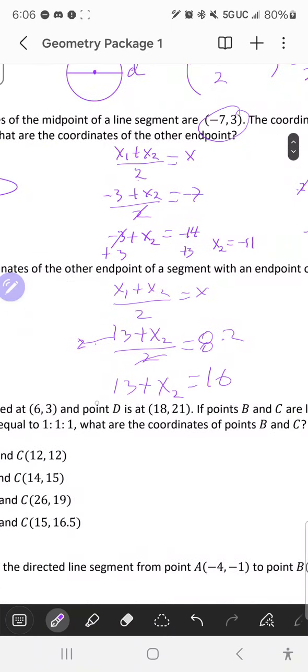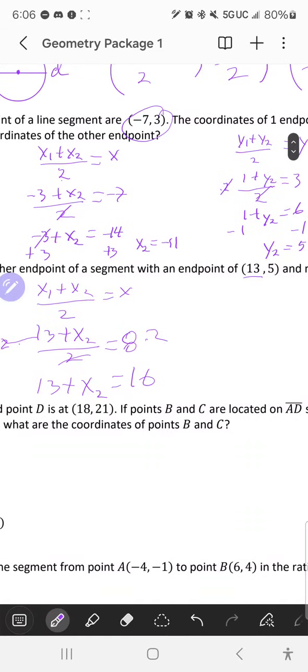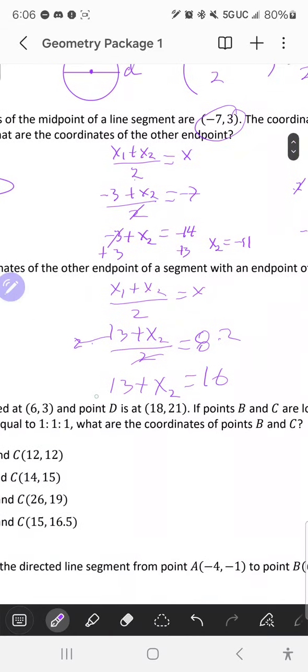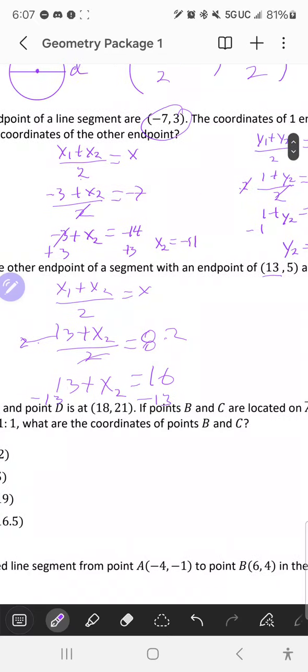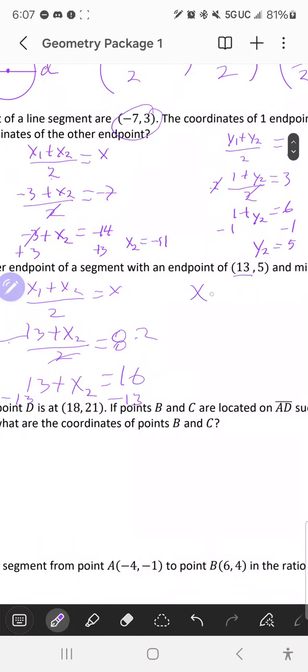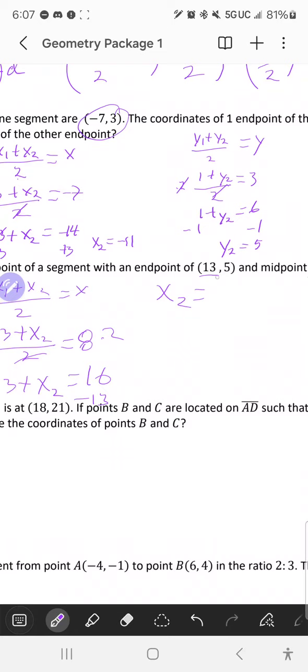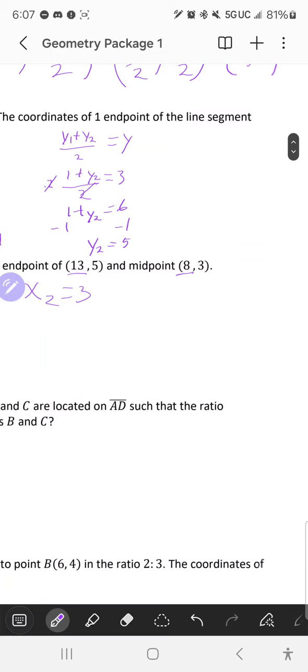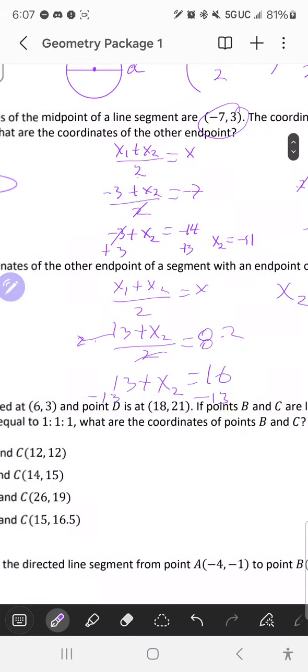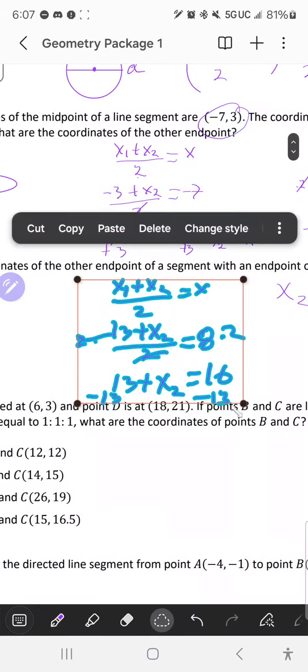And now we subtract 13 from each side, and 13 minus 13 is 0, so we have x2 equals 16 minus 13, which is 3, so x2 equals 3. Now this is for the x value.